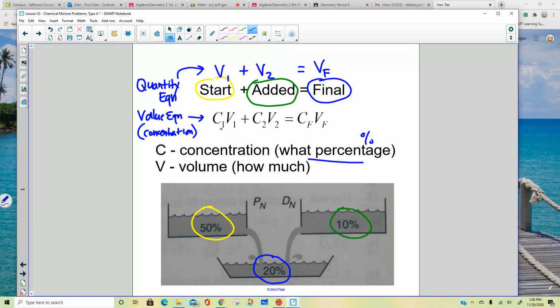So instead of putting how many cents each thing is worth, we're putting the concentration of the element. We'll subscript the same. So we have C1V1 plus C2V2 equals CFVF. And I think if we can think of these as being similar to our coin problems, it'll really help us.